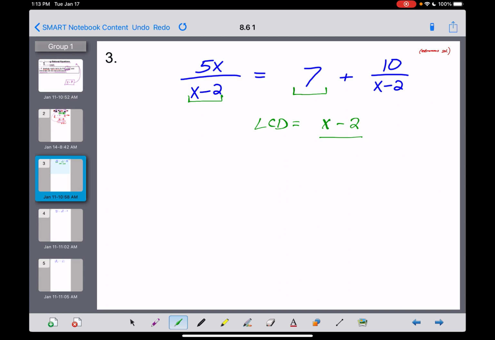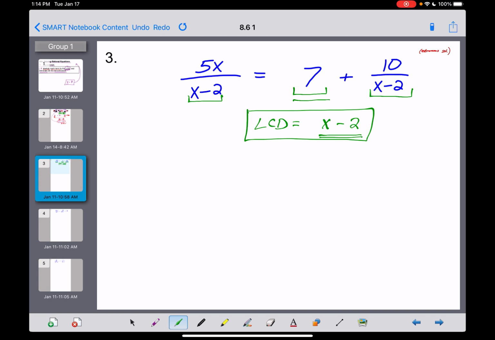So you could put a 1 out in front of this x minus 2, but multiplying by 1 doesn't really accomplish anything at all. So even though I'd probably quibble with you at a semantic level, I think you're okay saying that this term doesn't have a denominator, and so we don't really have to worry about it. Then as we move on to the third term, its denominator is x minus 2, and we already have x minus 2 there, so there's no need to write it again. That's it, guys. That is your lowest common denominator.